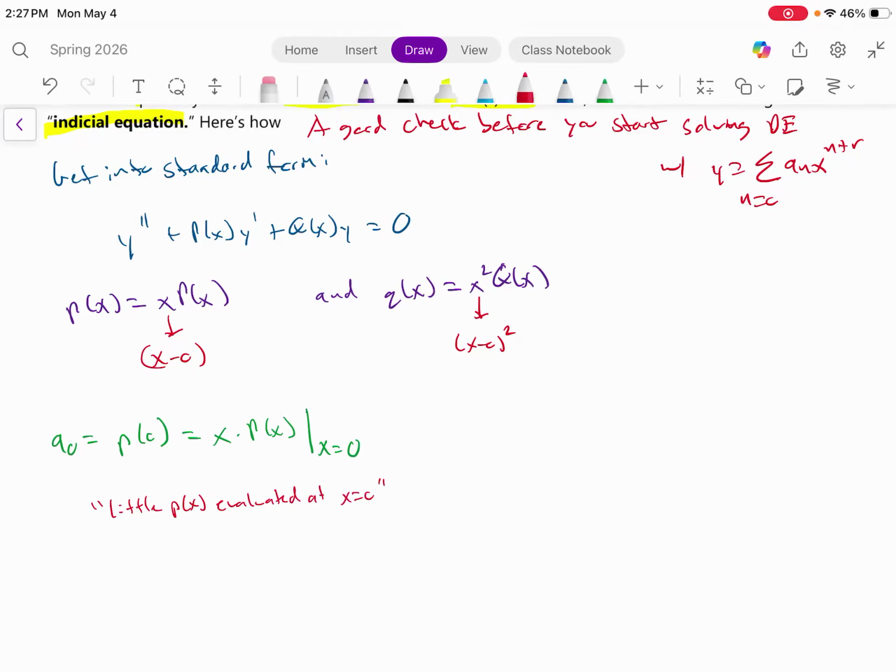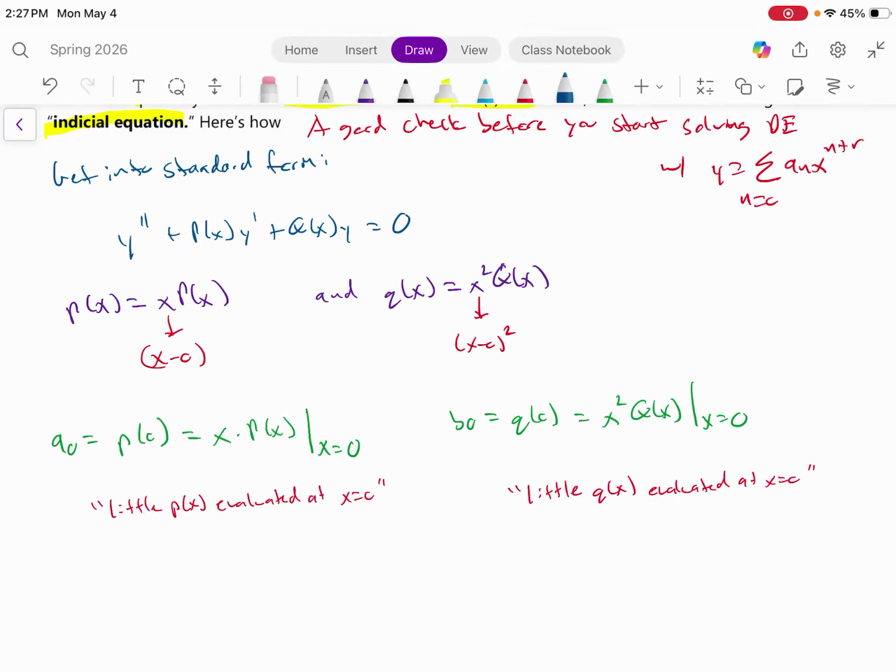So whatever you get for little p of x, you just plug in 0 and you get the answer for a naught. For b naught, it would be little q evaluated at 0. It's like saying x squared times capital Q of x evaluated at 0. So, little q of x evaluated at x equals 0.